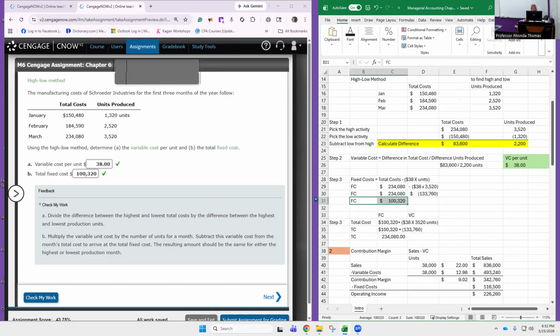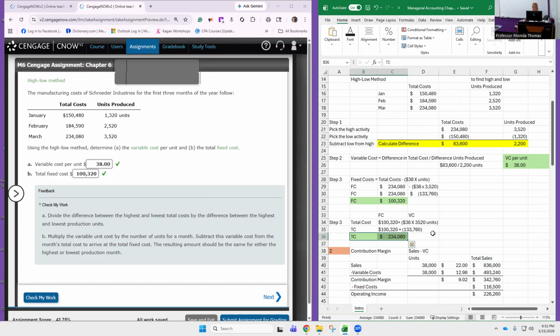And then I know they didn't have us do this step 3, but it's always good to go back and see if it's gonna work, okay? Because there might be something that you didn't see. Okay, so there it is. There's the total cost. Now I know they're not asking for that in the problem, but that's how you double check that your numbers came out.